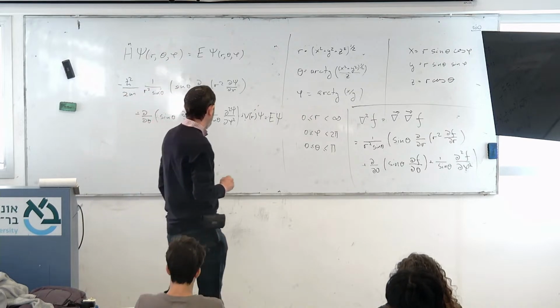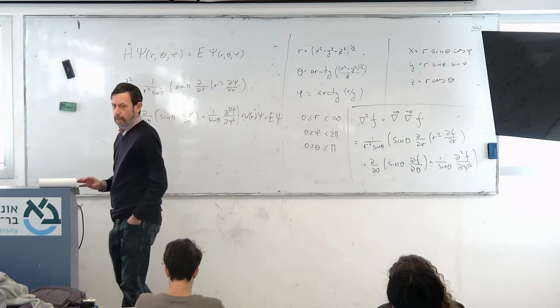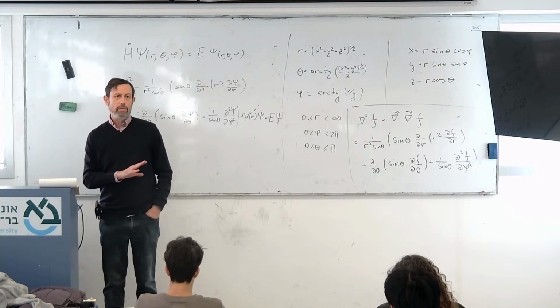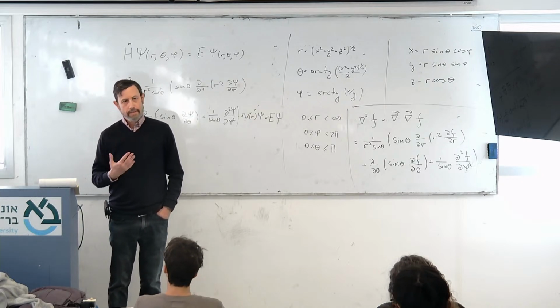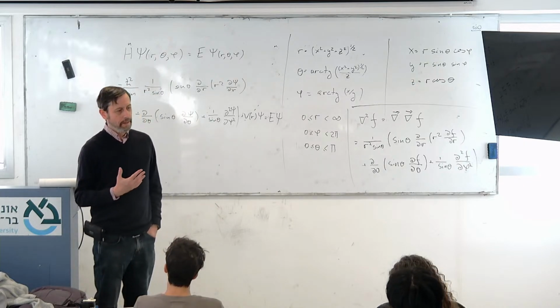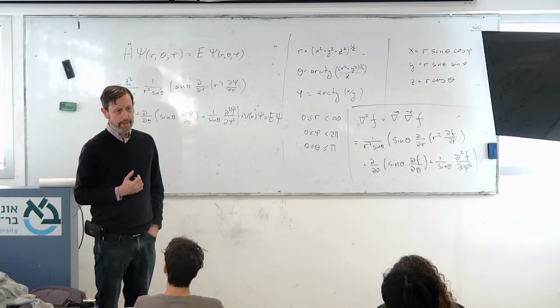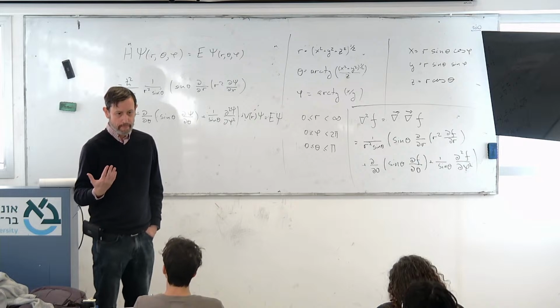And actually, the main point that we will do is separate it into 2 different problems. Already at this stage of life, you're used to the fact that we have a complicated equation with multiple variables. We try to do separation of variables.